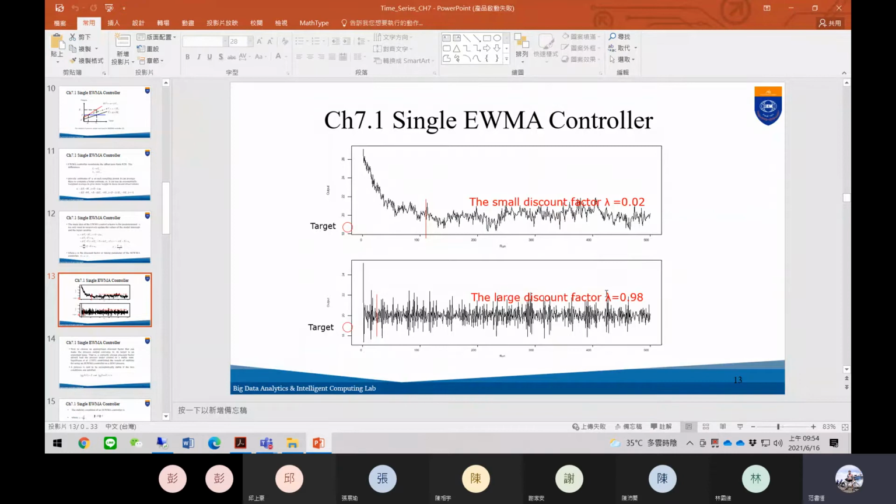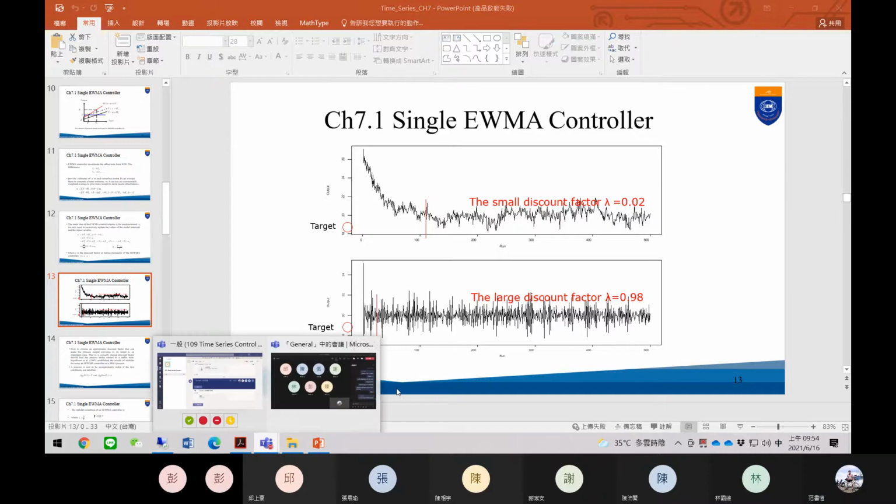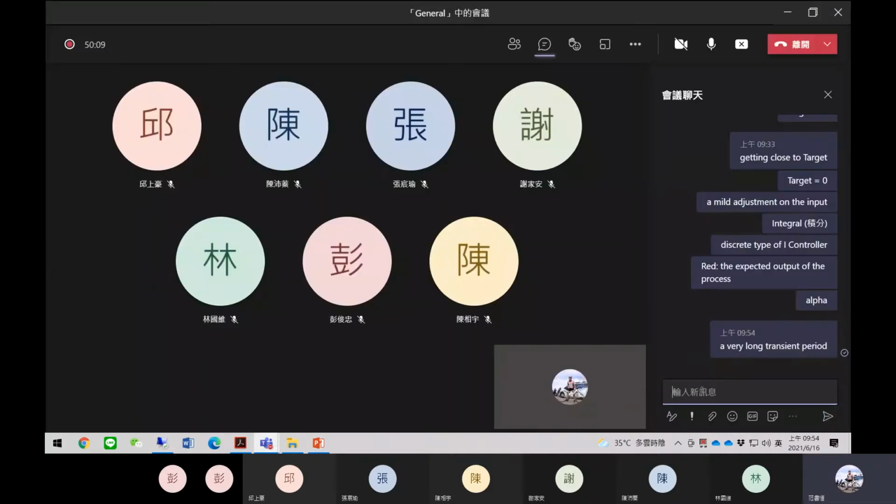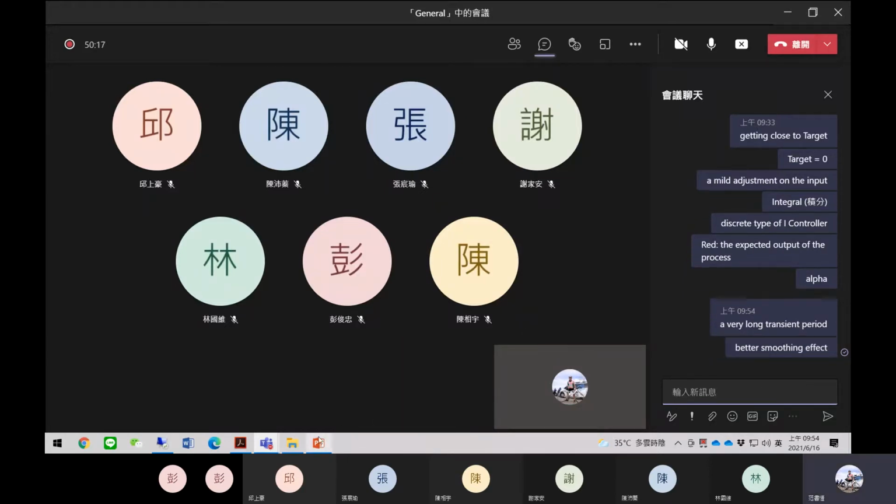If you use a very large one, you see that fluctuation. See that there's more smoothing when we use the small lambda. However, it takes a long time from the initial to reduce the initial bias to be stable. However, it provides better smoothing effects.